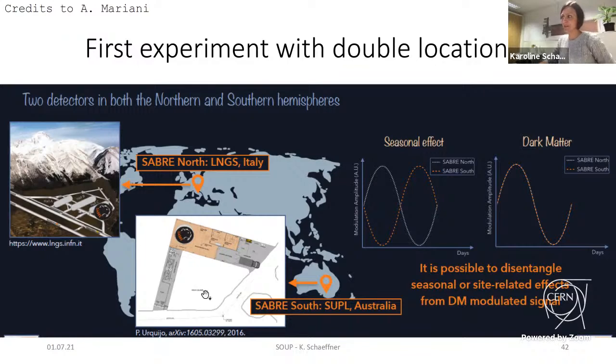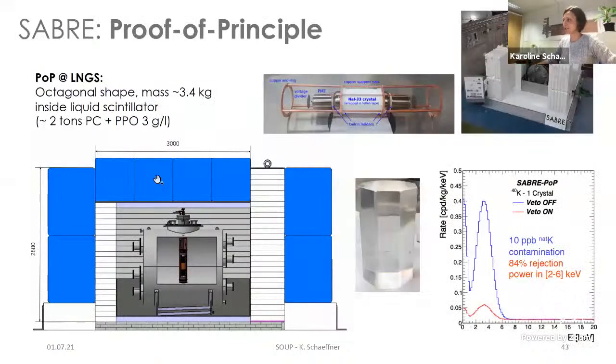So this is a mine where they are now creating space for the experiment. Here again is shown why this is interesting: if you have some seasonal effect, it should be in antiphase when you go to the other hemisphere, but not for the dark matter.